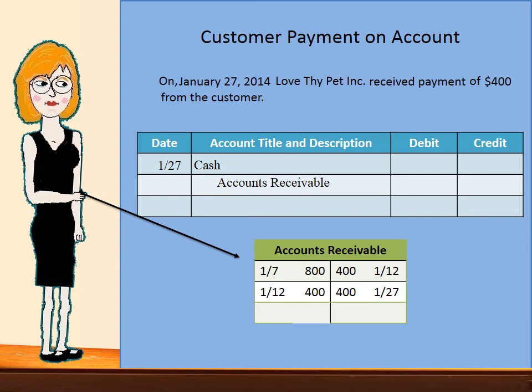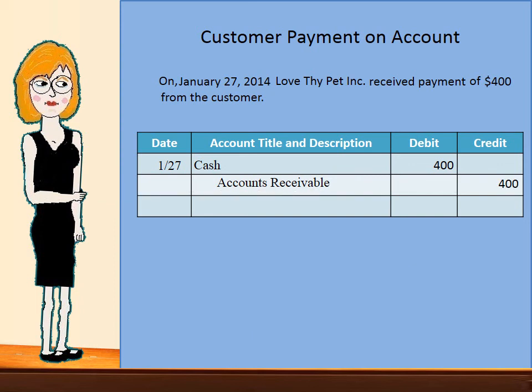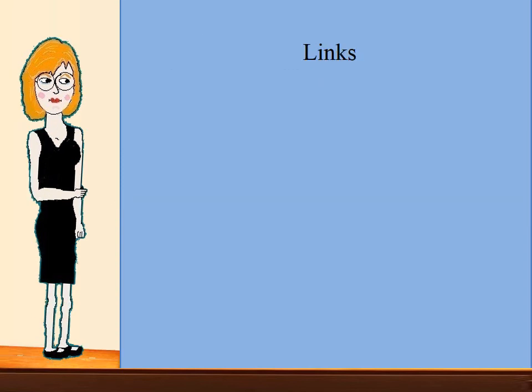We had a return on the 12th, leaving us a balance on the 12th of $400, and then they paid it on the 27th, therefore leaving a zero balance. It's the $400, so we'll debit cash and credit accounts receivable for the full amount. And the explanation is received payment from customer.